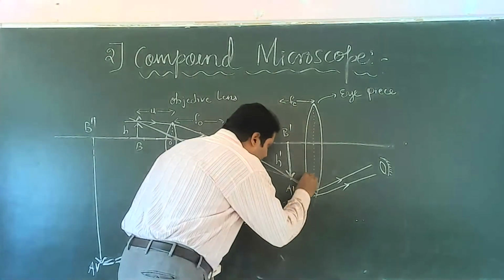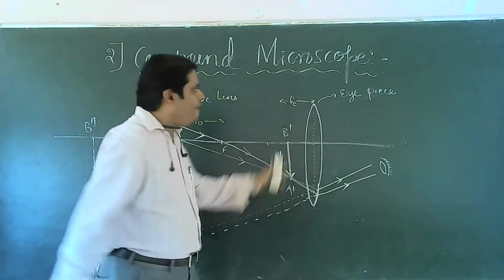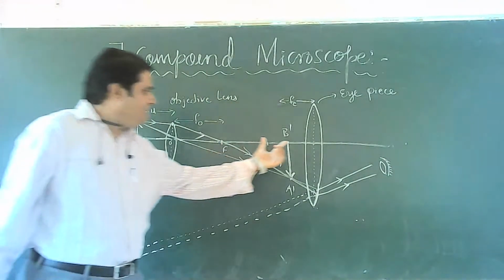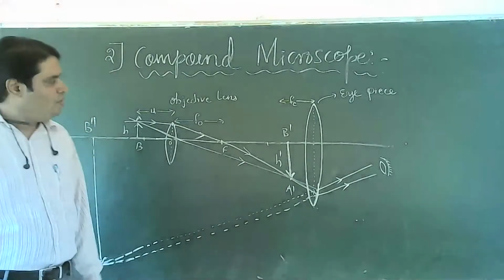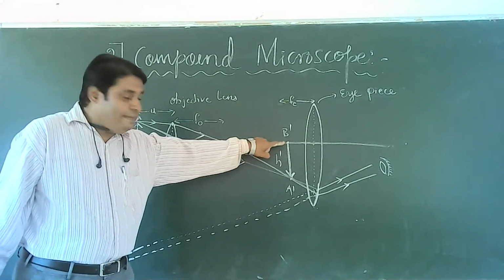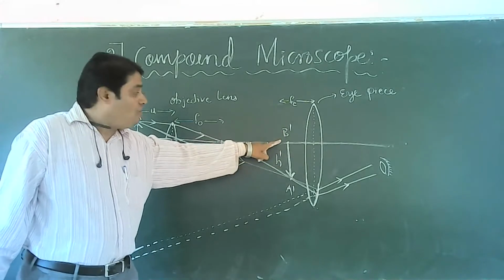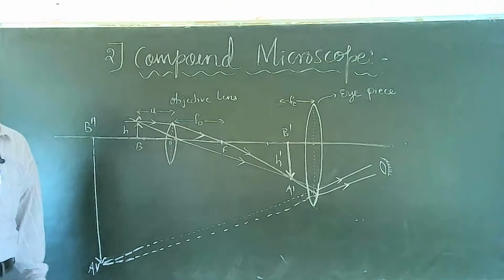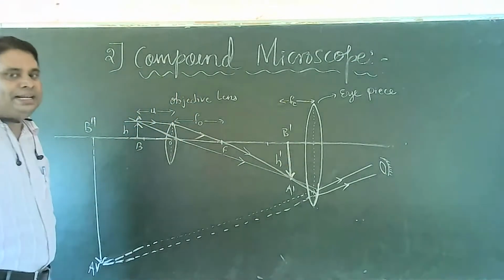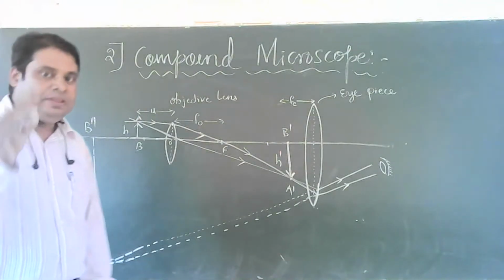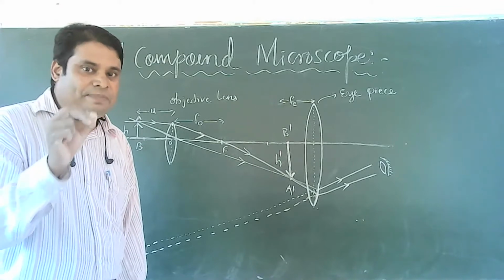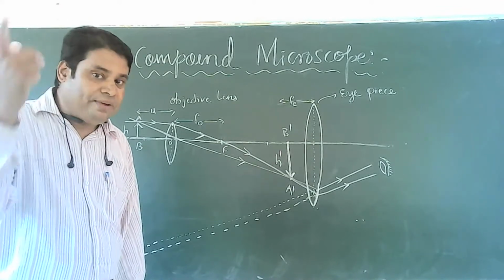If your second lens, say the eyepiece, is placed at a distance of f from this image, then this image will act as the object for your second lens. It is as if you are placing an object at position f.